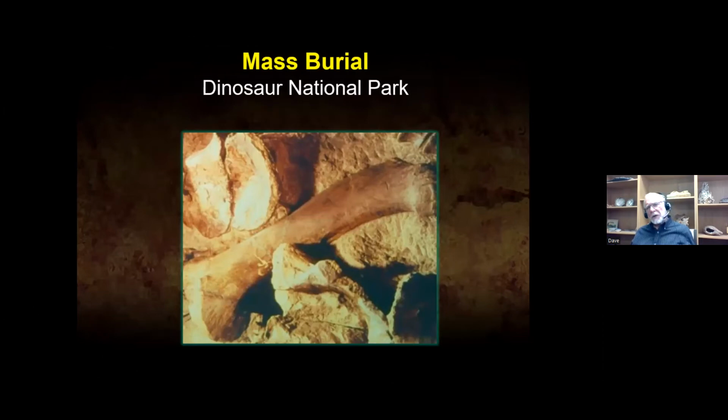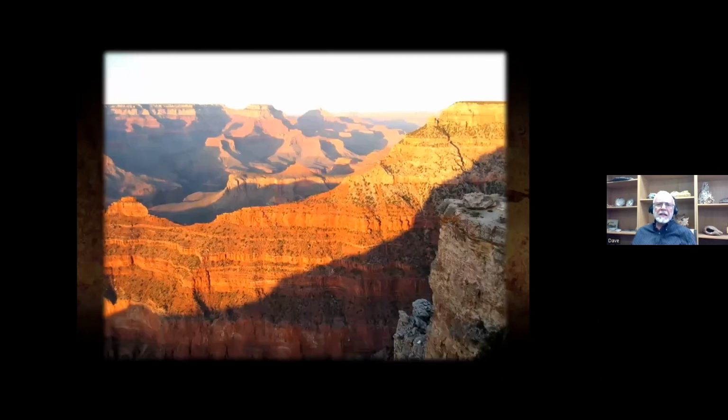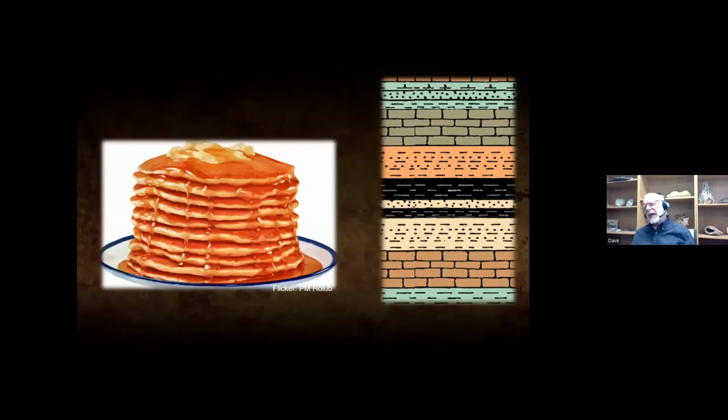Now, what kind of current does it take, say, to rip apart a 70-ton dinosaur? One that fits with Noah's flood. All right. And so again, think flood when you see petrified mud. And when I look at these rock layers, I actually get hungry. What do I see? Evidence of the flood.